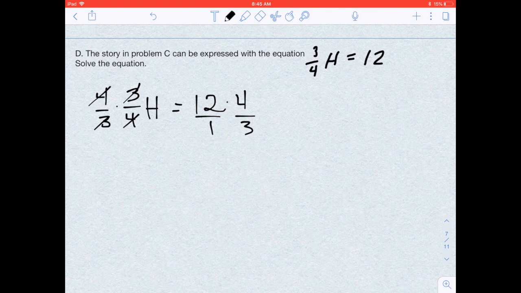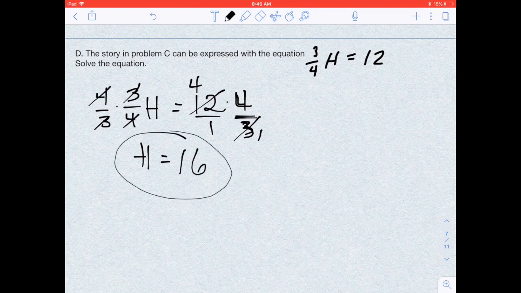So my h is by itself. I put the 4/3 on this side because I have to do the same to both sides, so it's balanced. So now I have h equals, and before I go ahead and solve, I'm going to see if I can simplify, which I can, and that gives me 16 right there. H is 16.